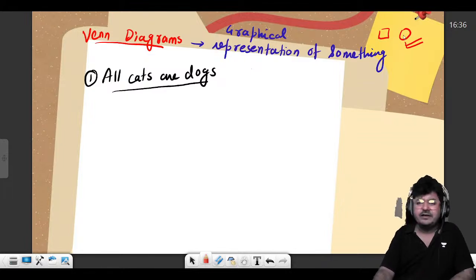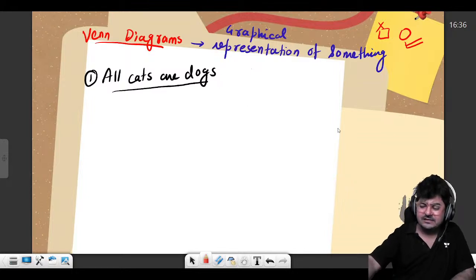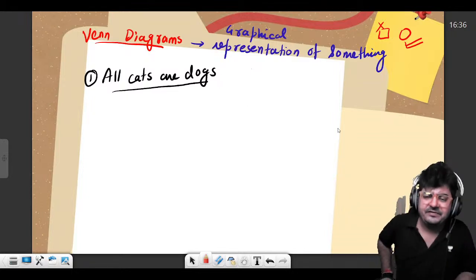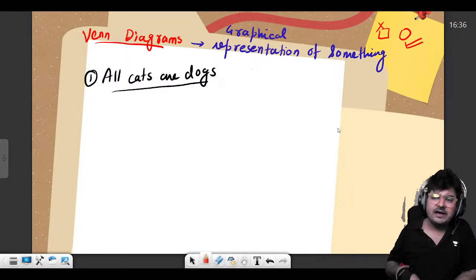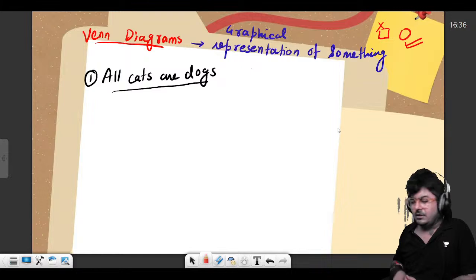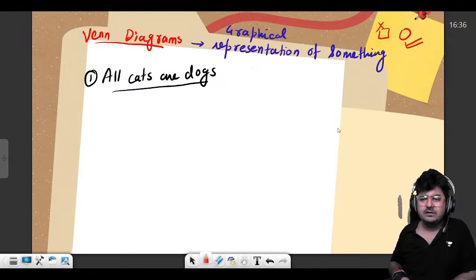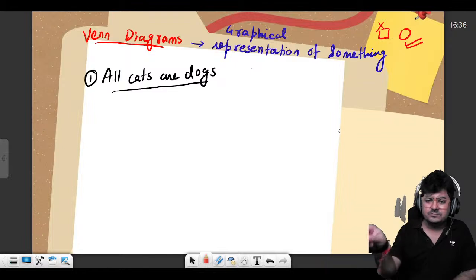Okay, you will understand. So we will go with circles accordingly for all cats are dogs. Now how to understand this? Like, if I say all cats are dogs, in this universe how many cats are there, how many dogs are there on this planet Earth or even in your city, can you count them, can you draw them together?